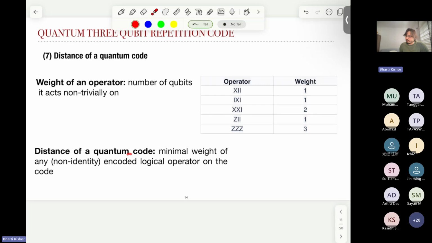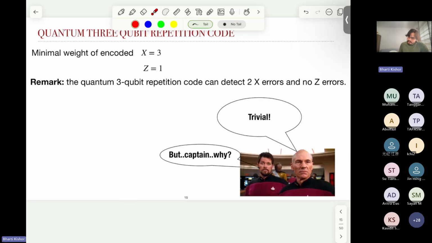The distance of a code is the minimal weight of any non-identity logical operator on the code. So you look at all possible logical operators, and among the non-identity ones, the weight of the minimum weight logical operator gives you the distance of the code. The minimum weight of the encoded X is 3 because it's XXX.